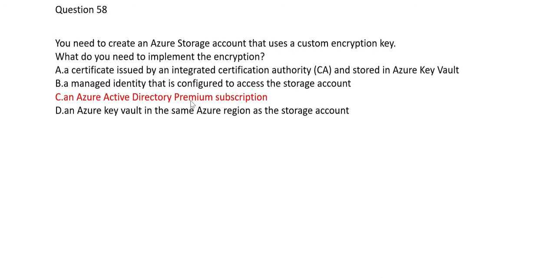You want a single AD account to access both. In that case, if you have a hybrid environment both on premises and Azure cloud, use Active Directory premium subscription. But it is not used for solving the encryption key issue. That's why C is wrong. So this is my final answer. We will lock this answer and move forward.